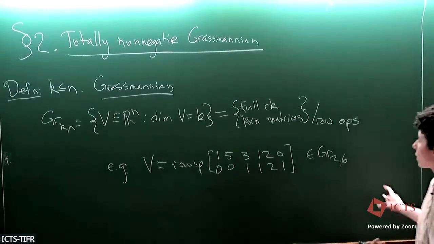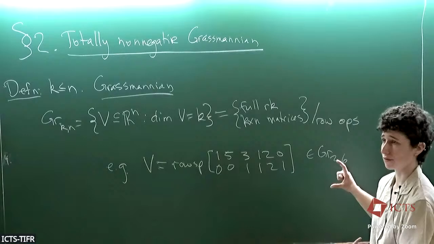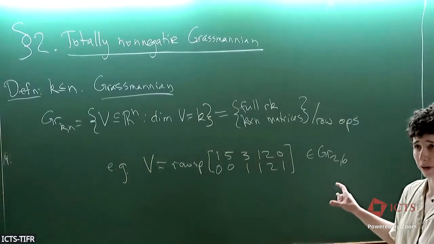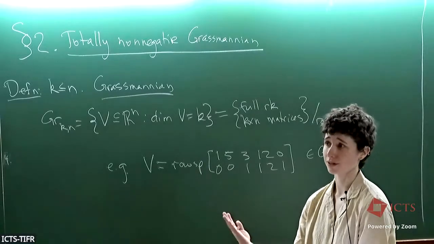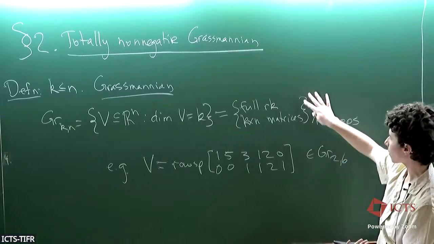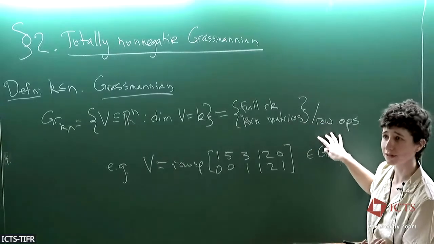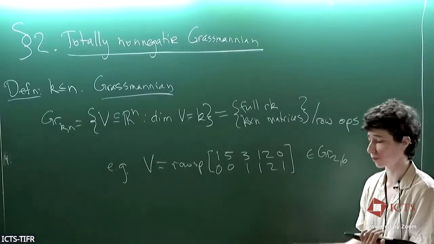Okay, so as soon as someone hands me a space, I like to have some coordinates on it to understand it a bit better. If someone just hands you matrices, the natural coordinates are the matrix entries, right? But here, I'm not just caring about matrices, I'm caring about matrices up to row operations. Row operations change the entries a ton, so that's not a good choice of coordinates.